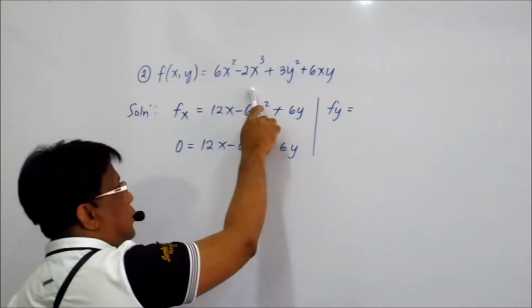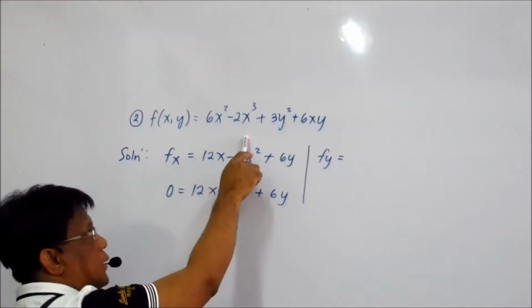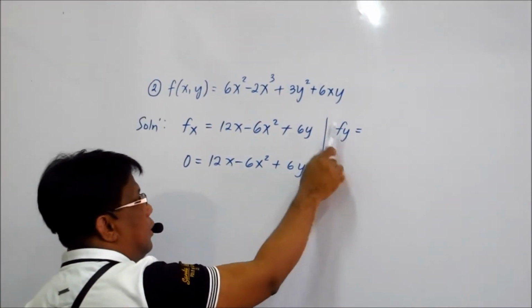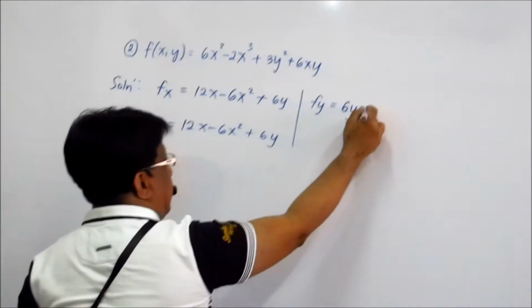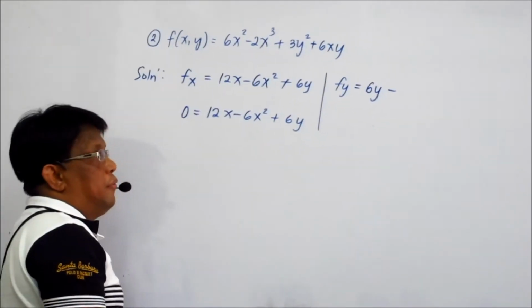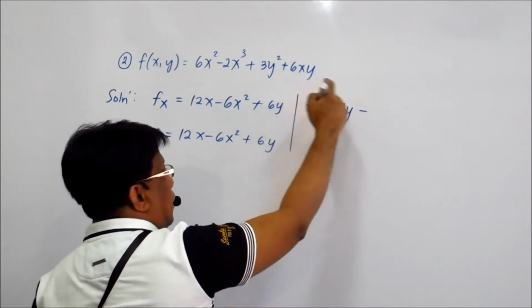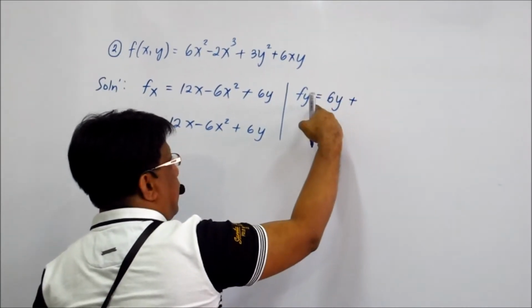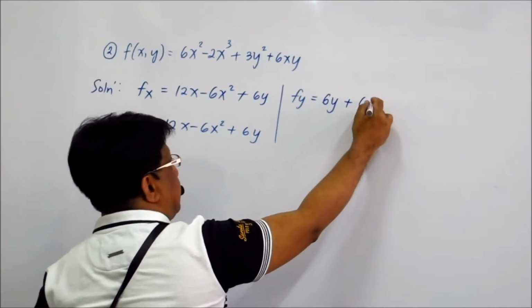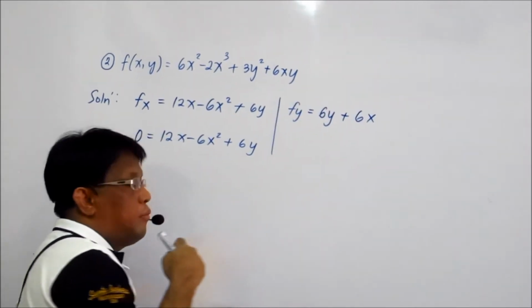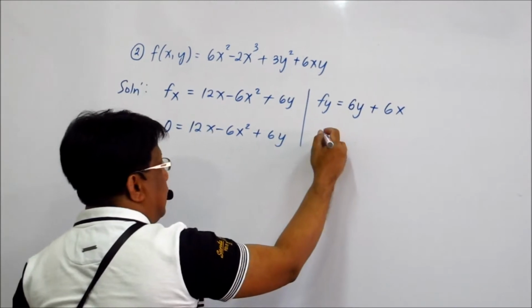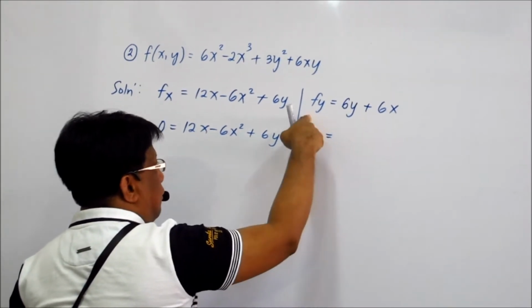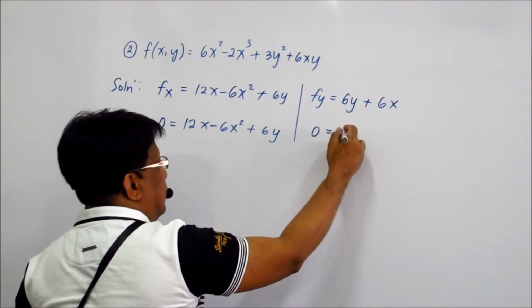Then the second term is also a constant, so its derivative is 0. What about 3y squared? It is 6y. Then for the last term, its derivative with respect to y, copy the constant term, which is 6x. The derivative of y is equal to 1. Then again, set now the partial derivative of f with respect to y to 0.